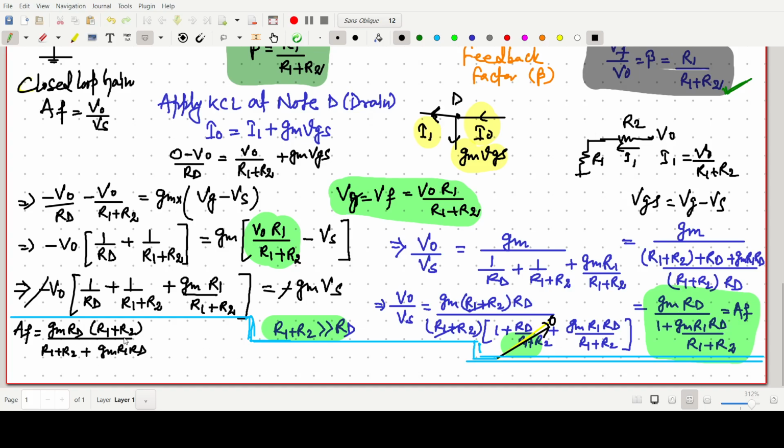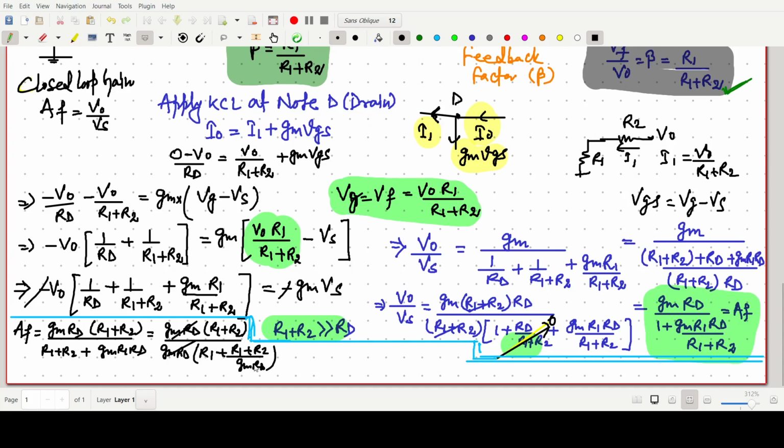Yes or no? Now if we take Gm Rd common in both the cases, now I'm going to simplify this one to an approximate value. Gm Rd upon R1 plus R2, and I am taking Gm Rd common. So it should be R1 plus R2 upon Gm Rd. Is it okay? So this and this will be cancelled, right?